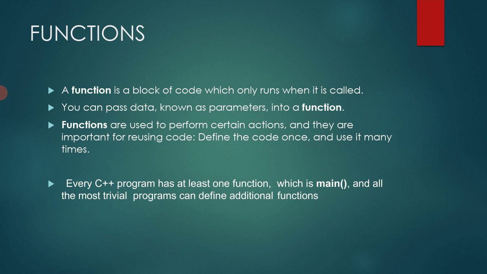Apart from that, we can also make use of other functions. We have different categories of function: built-in functions and user-defined functions, so we can use them accordingly. Built-in functions are the functions which are provided by the language, whereas user-defined functions are the functions which are defined by the user.